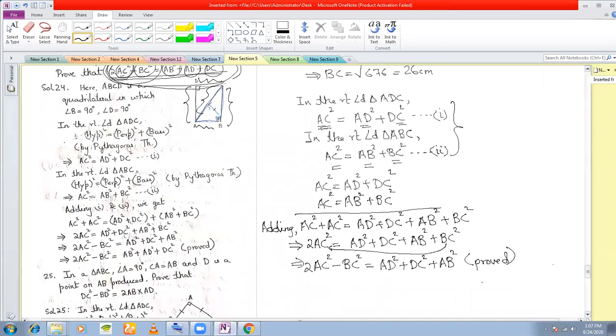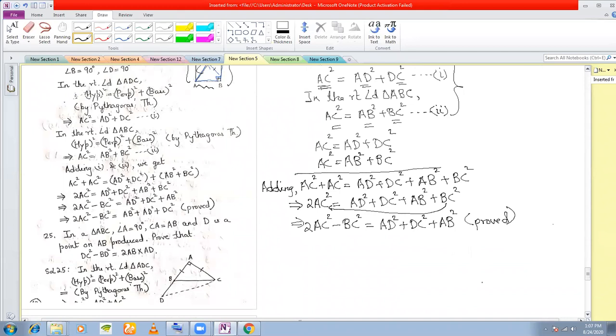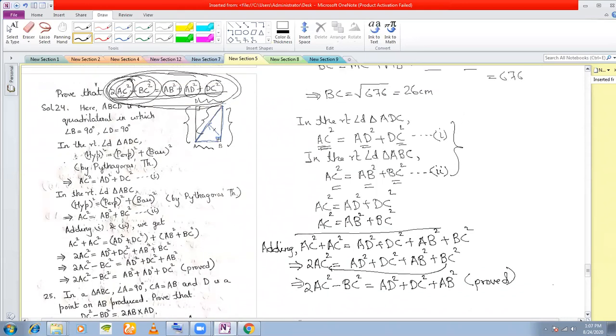No, sir. Okay, so the point here was that all the sides were involved. There was not a single side that we had to leave out. So that is why I added the two relations.